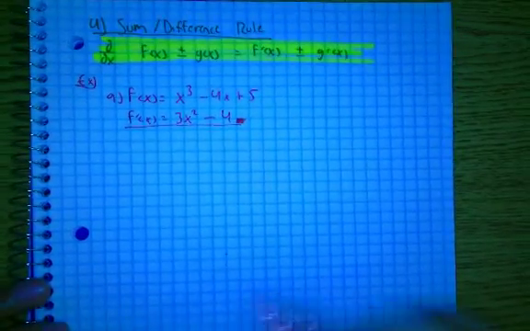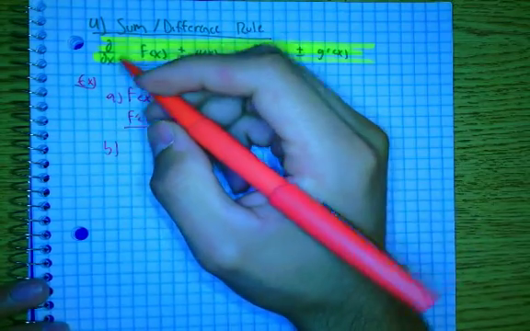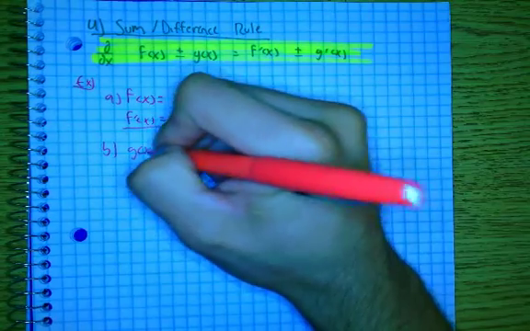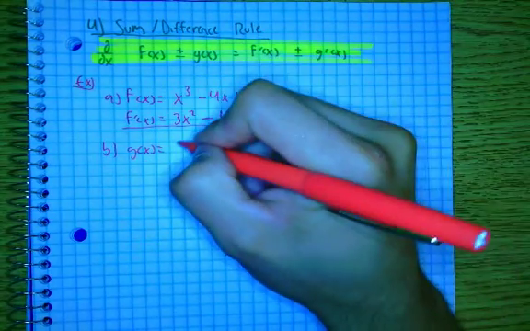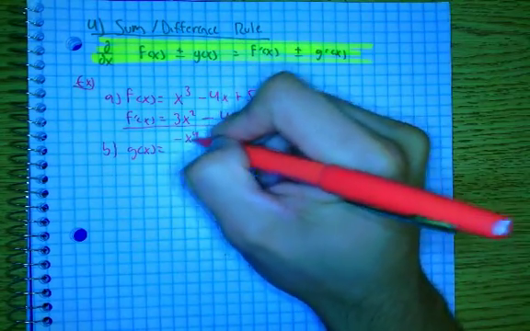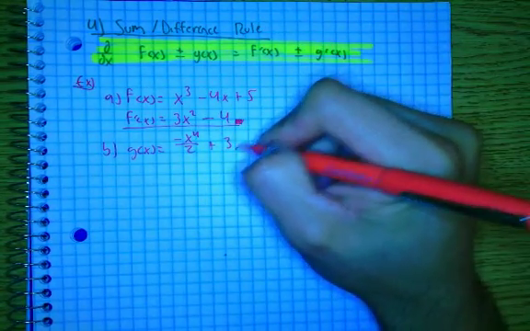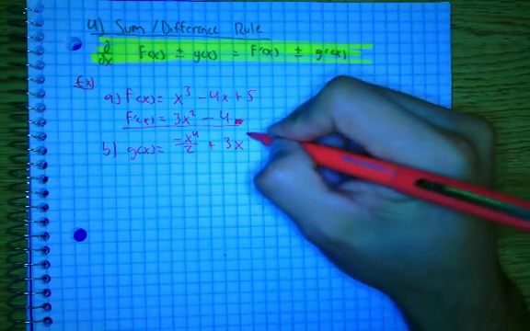So b, let's say you have g of x equals negative x to the fourth power over 2 plus 3x to the third power minus 2x.